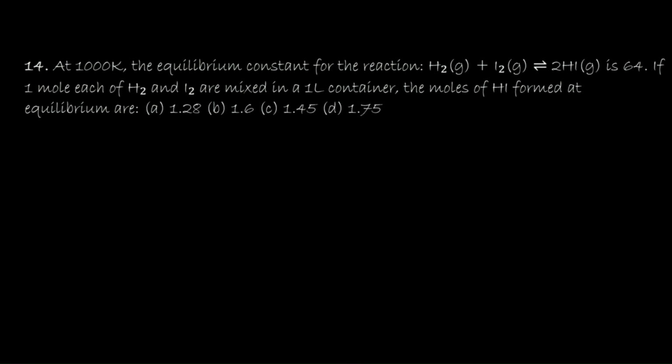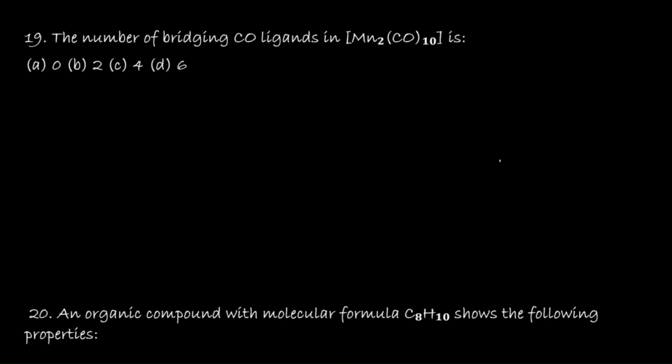The next question is on the equilibrium constant of the reaction; if 1 mole of each is in the container, find the number of moles of HI formed. The next question, the number of bridging CO ligands in Mn2(CO)10. How many CO are bridging over here?